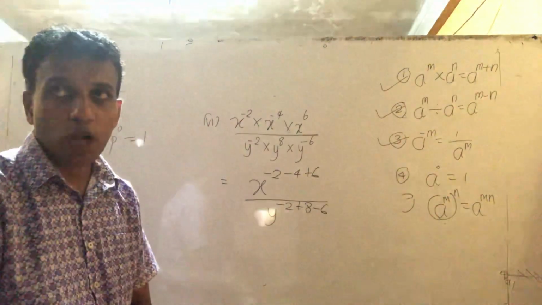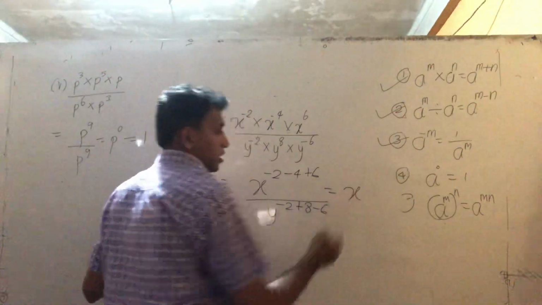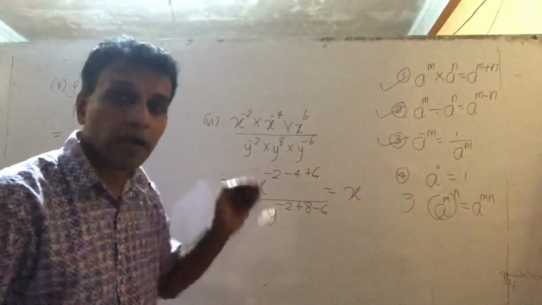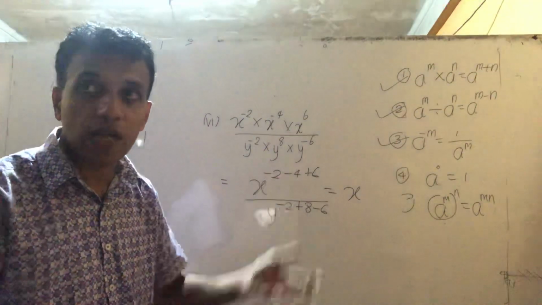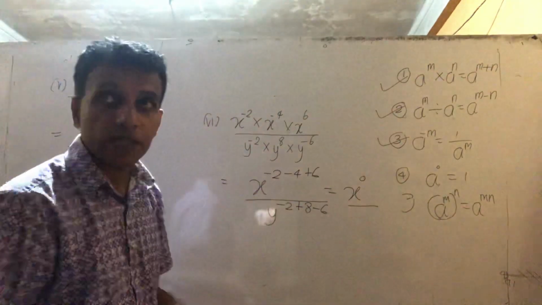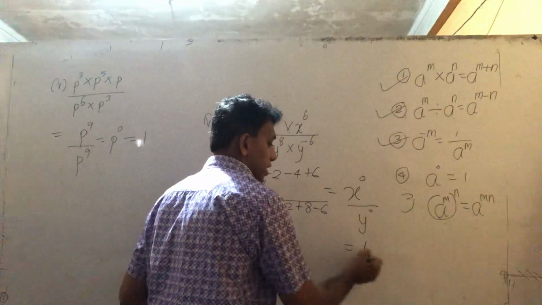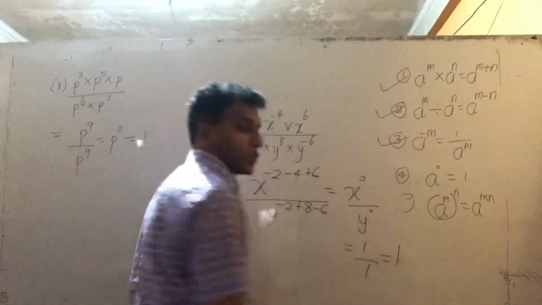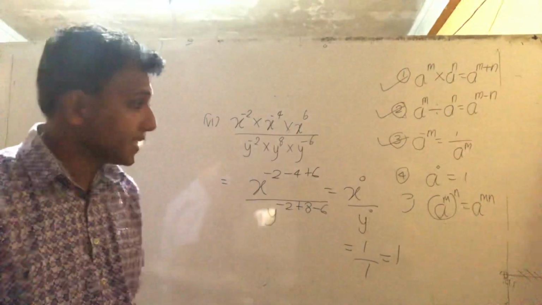I apply rule number 1. Furthermore, x to the power: minus 2 minus 4 minus 6, minus 6 plus 6, null, 0. Below, same, y to the power 0. Therefore, 1 over 1, answer is 1. The final answer is 1, using indices rule number 4.